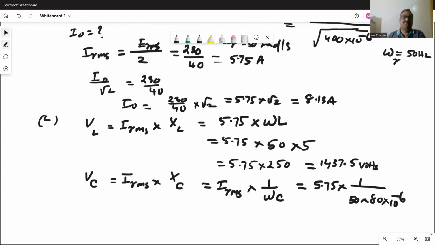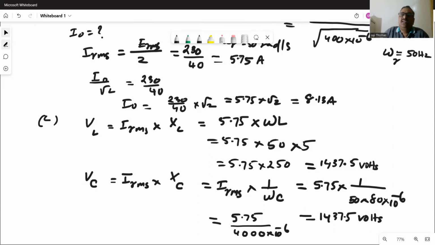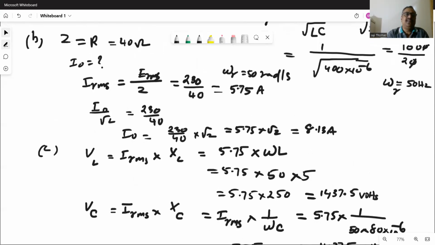You need to calculate it. On calculation, 5.75 divided by 4,000 into 10 raised to minus 6, you will get 1437.5. So at resonance, the voltage across inductor and capacitor will be same. That is why we are getting equal values, right?